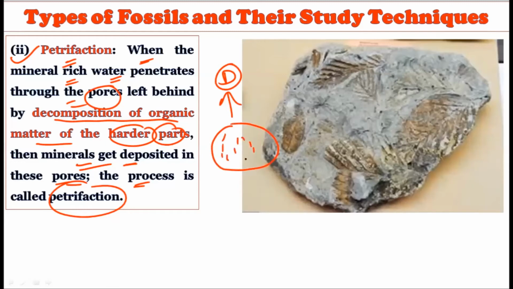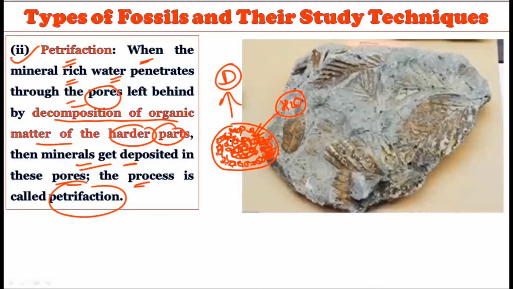Okay. And due to this porosity, whenever water tends to enter into these porous structures of the fossils, these porous structures get mineralized. Due to this, whatever minerals are there in the water body get deposited on the particular fossil, and this fossil gets hardened over a period of time.